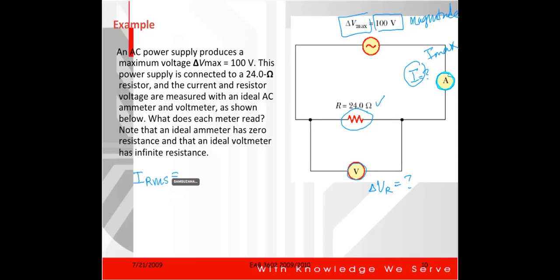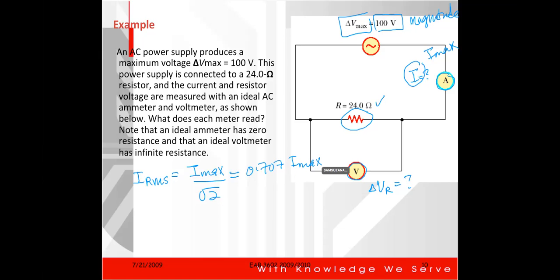So IRMS is equal to Imax over square root of 2, which is 0.707 Imax.